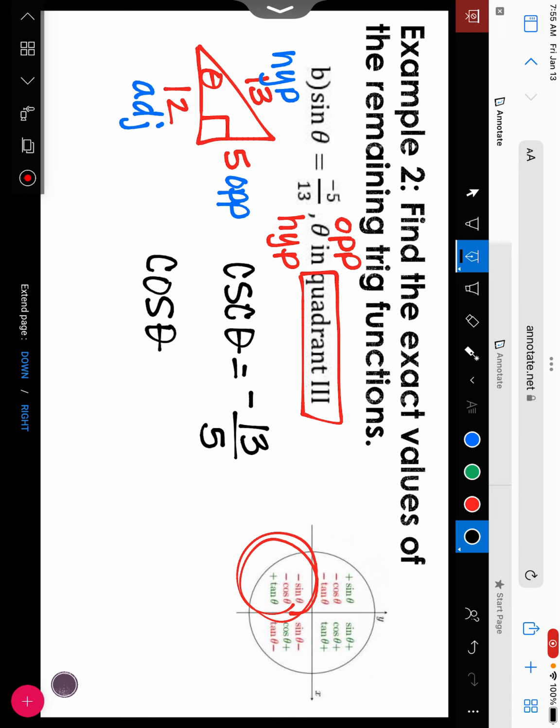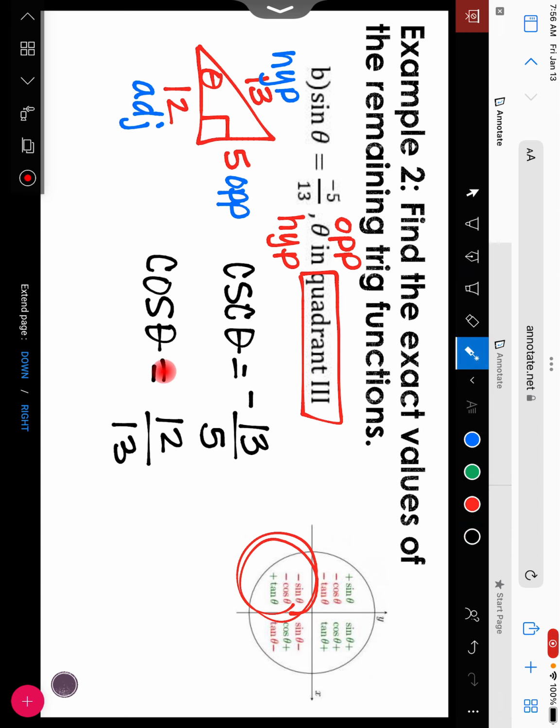Cosine of theta is adjacent over hypotenuse. And adjacent would be what? 12 over hypotenuse, which is 13. Now in quadrant 3, is cosine positive or negative? And that's why I put this up here.